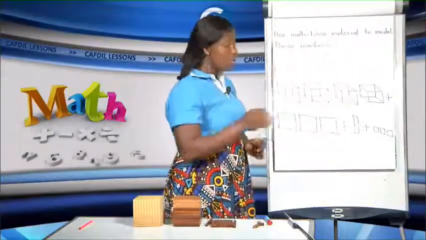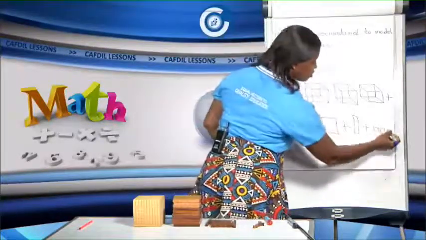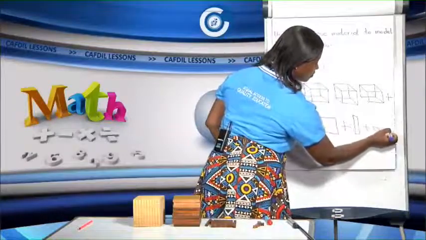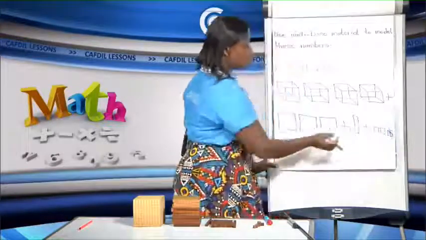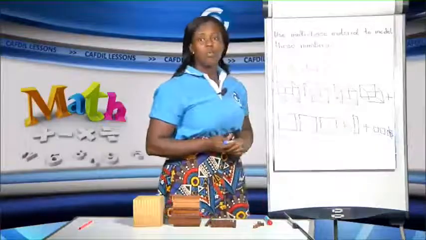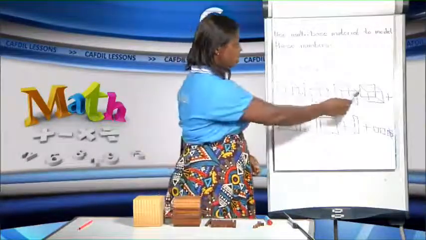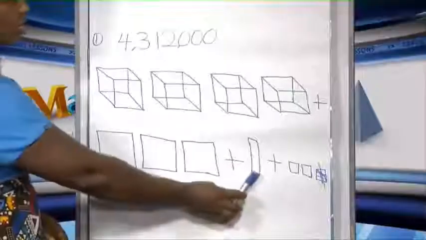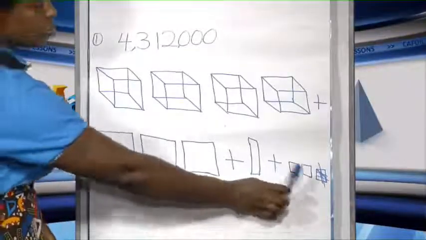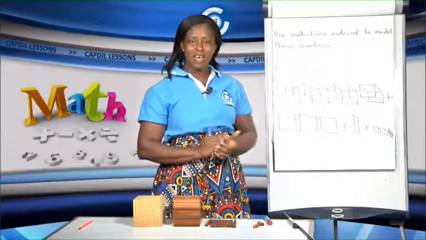And we did 3, so we have to cancel 1. This is not part. So 2 units. We have modeled the number: 4 blocks, 3 flats, 1 rod, and 2 units. When you are doing it, you take your time and you do it step by step.